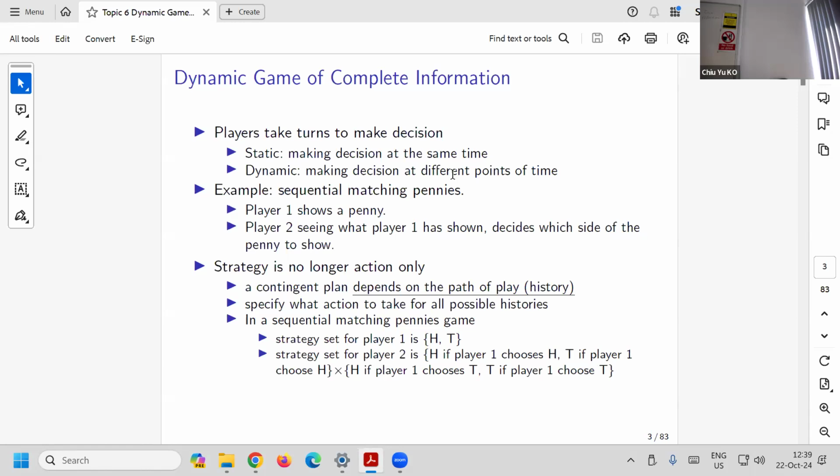So it's 2 by 2, 4 possible strategies, right? So under all scenarios, it can be very complicated. Because suppose player one chooses a number and after that player two chooses a number, then it will be way more complicated, right? The cardinality expands a lot, right? But anyway, the important part is that you have to specify all possible scenarios.